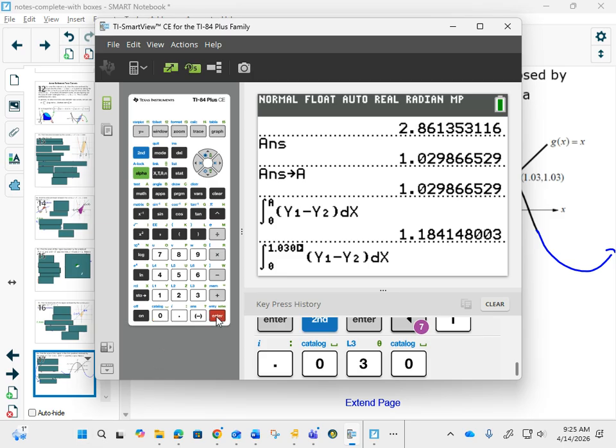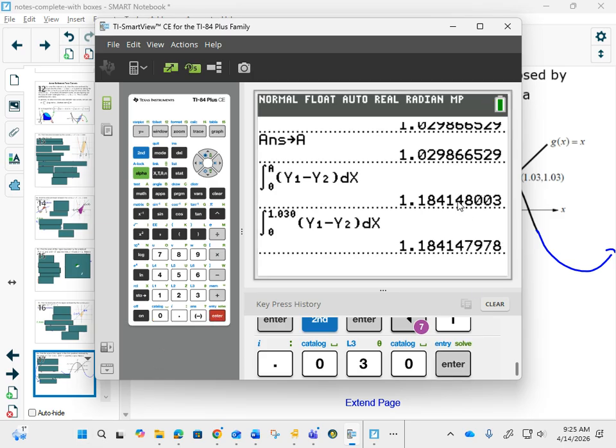If I push enter there, I still get correct to 3 decimal places. But you have to be careful because sometimes rounding early, depending on the function, can really affect your final answer. And even rounding correctly to 3 decimal places early might not cause your final answer to be correct to 3 decimal places. In this one, you would have been fine. You would have been lucky.